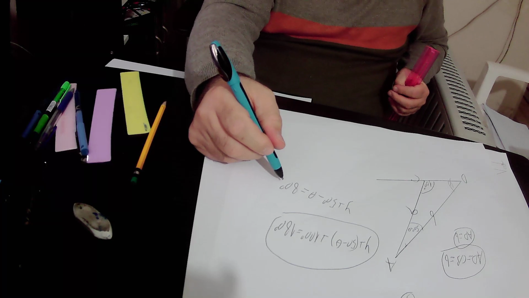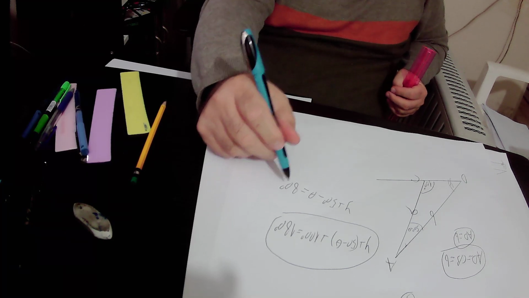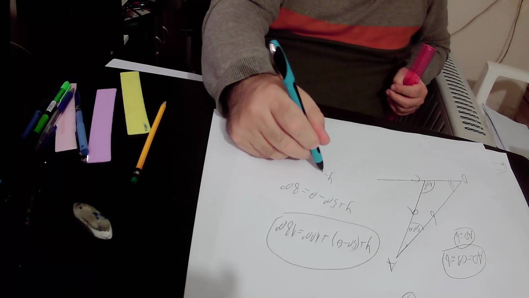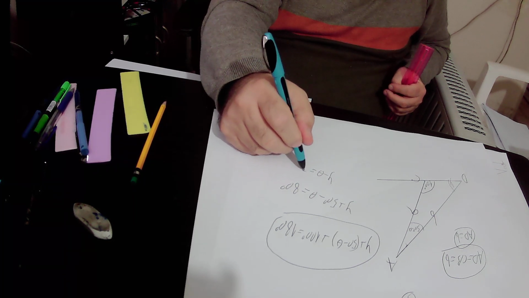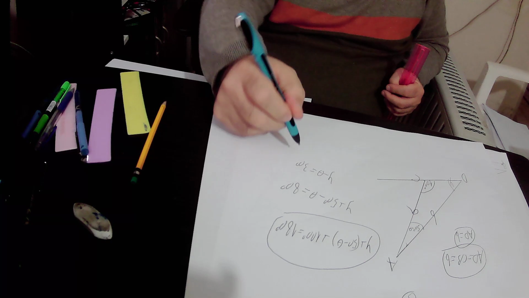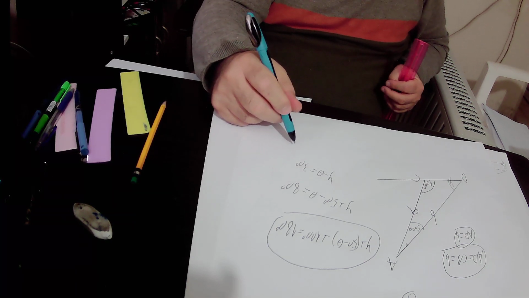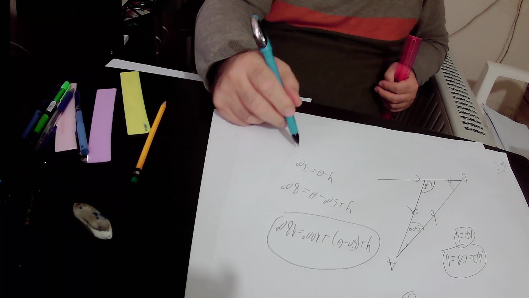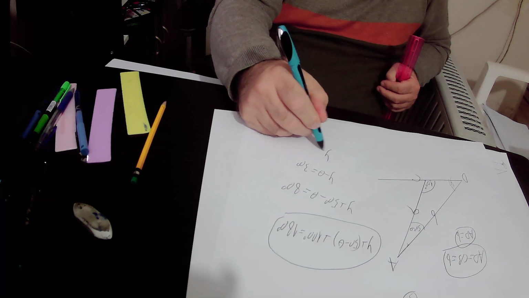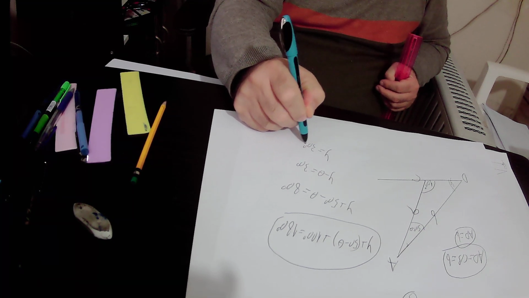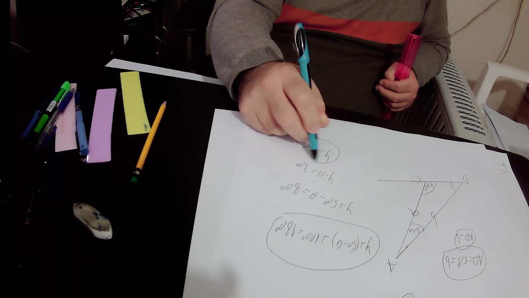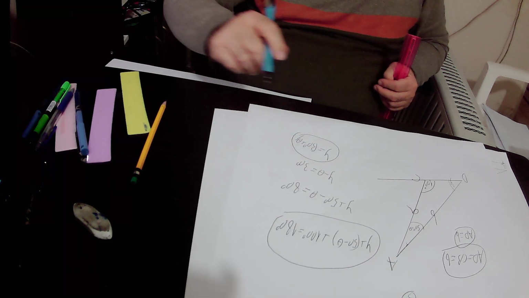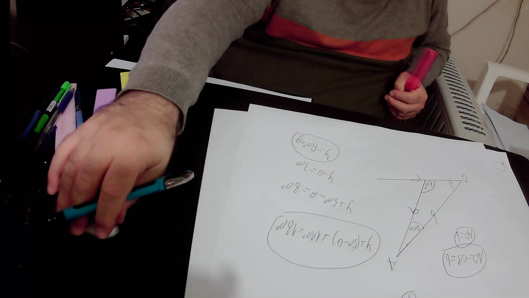Here we will subtract 50 degrees, and we will get that Y minus theta equals 80 degrees minus 50 degrees, which is 30 degrees. So we will add theta, and we will get that angle Y equals 30 degrees plus theta.